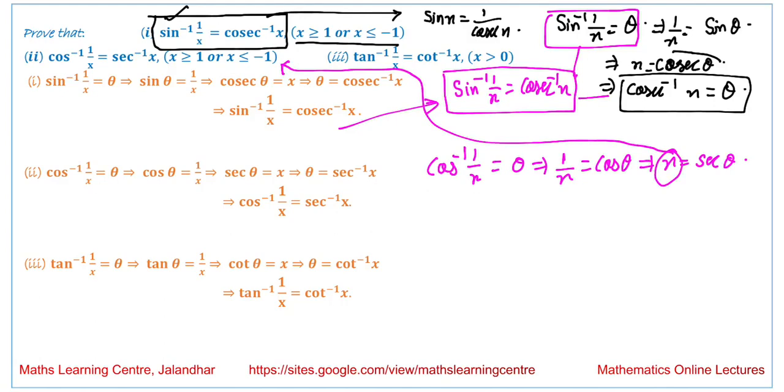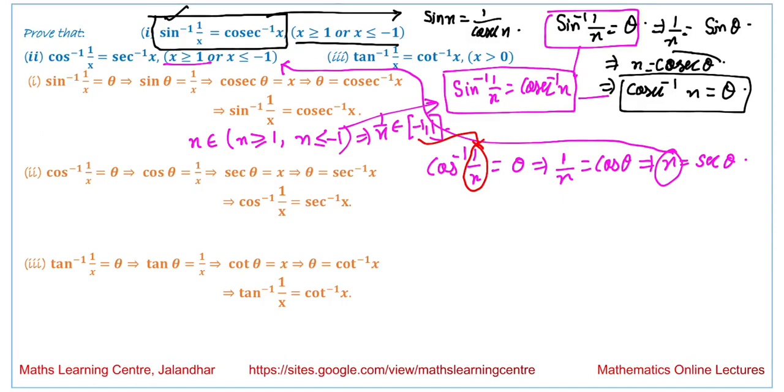If x is greater than or equal to 1 or x is less than or equal to minus 1, then 1 by x will belong to the interval minus 1 to 1. Look at this value, 1 by x: it belongs to the interval minus 1 to 1, which is the domain of the function cos inverse x.